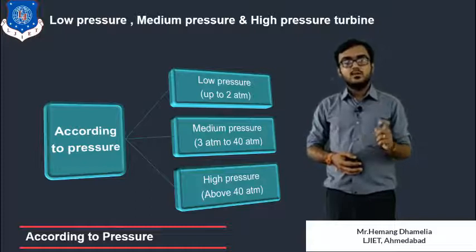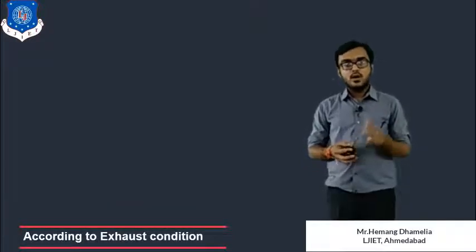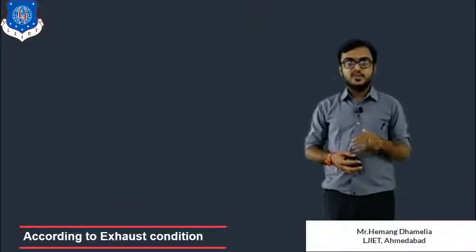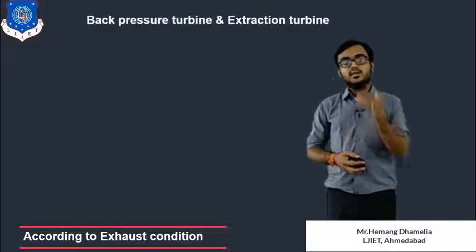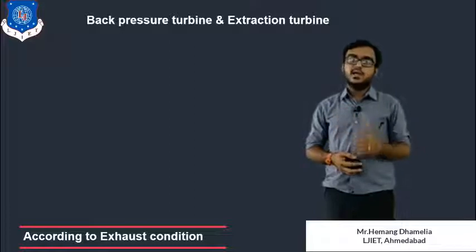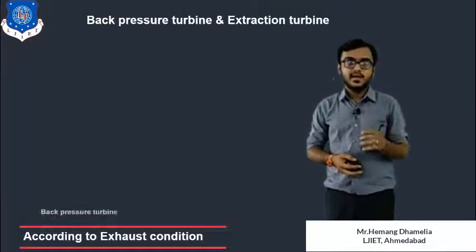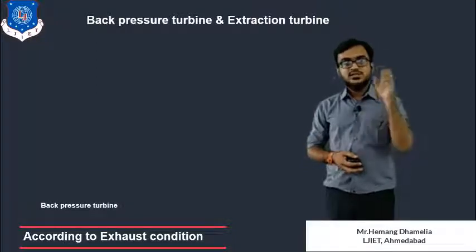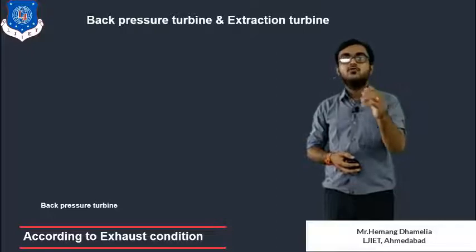Now the next category of classification is based on the exhaust condition. According to the exhaust condition, turbines are divided into two categories. First one is back pressure turbine and second one is extraction turbine. Now back pressure turbine means the type of turbine in which steam after the expansion is allowed to flow for a particular process.